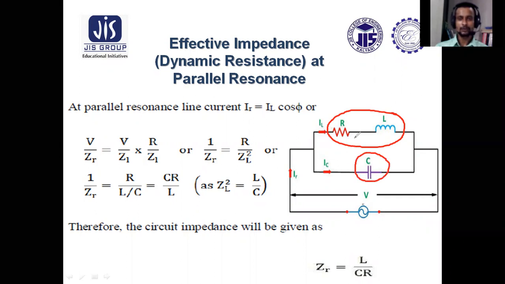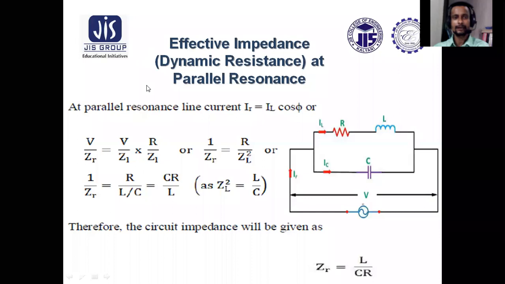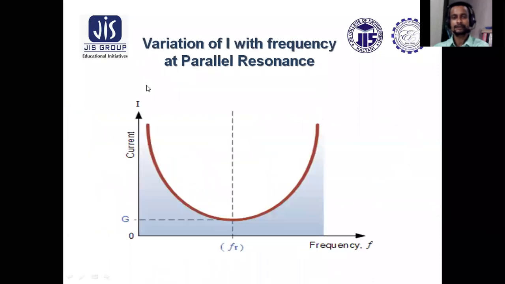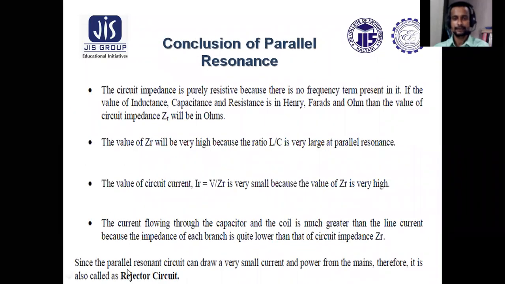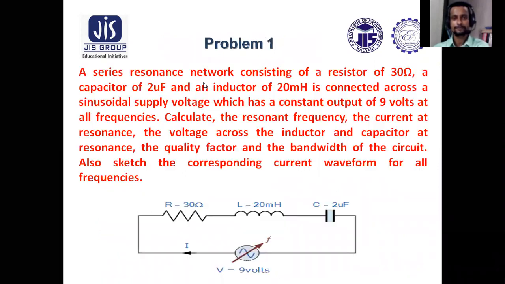So this will carry more current, but IR will carry very little current. That is why the circuit at parallel resonance is known as a rejector circuit. Since the parallel resonating circuit draws very small current and power from the mains, it is termed a rejector circuit. So this was the conclusion of parallel resonance.